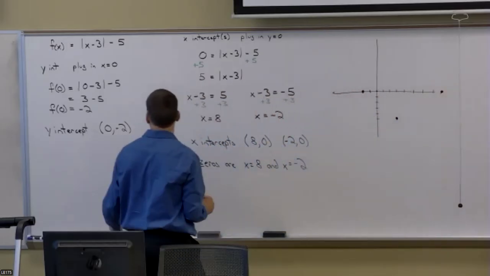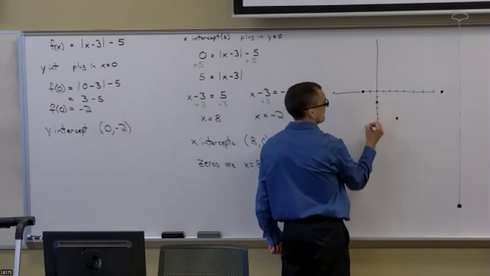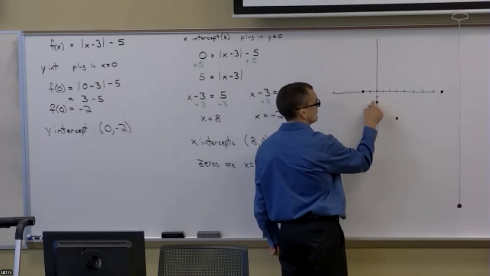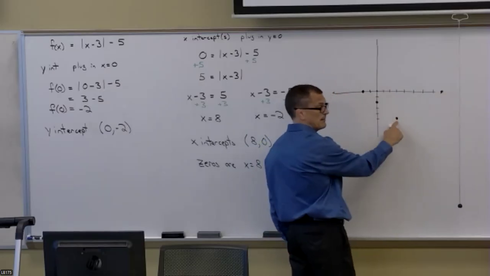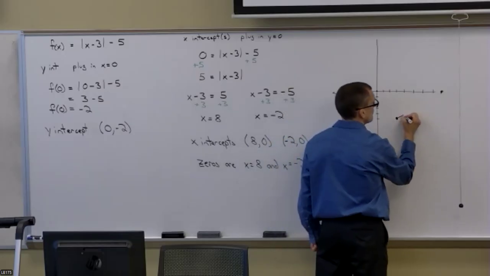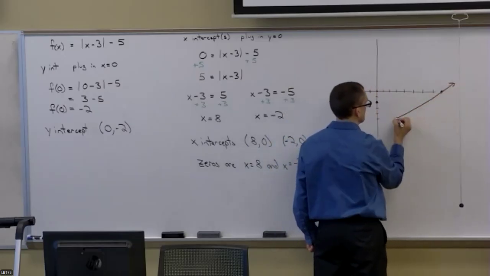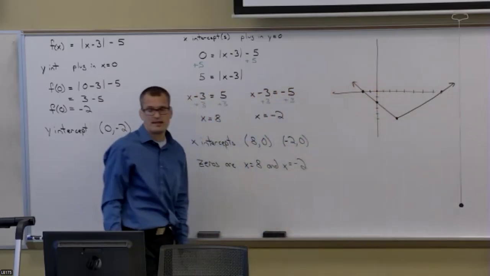And then 0, negative 2 is my y-intercept. So I have this point, this point, this point, and that point. And I know the transition happens here, right? I know the transition happens here. So if I drew this by hand, I get that.